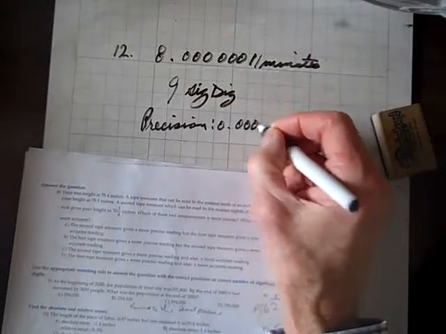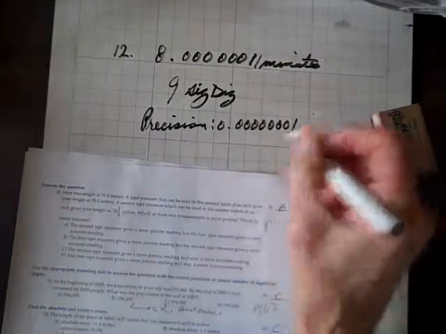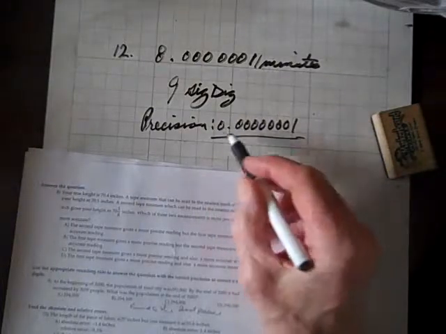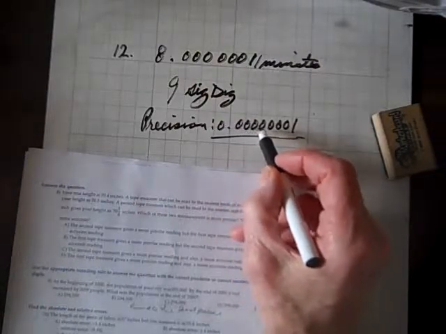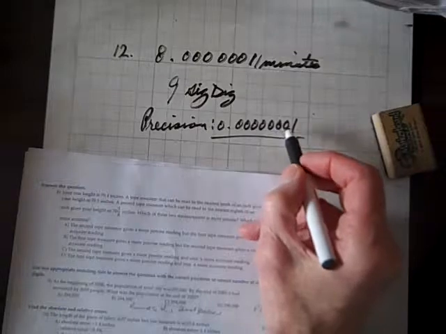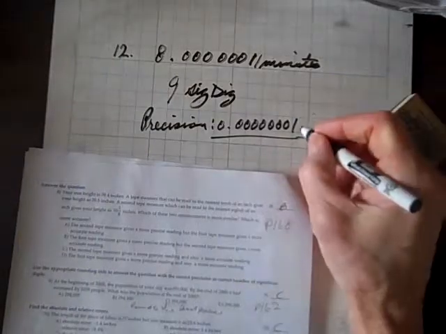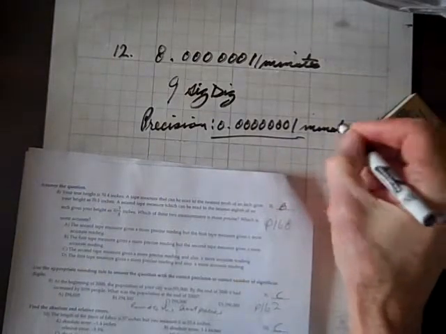Our implied precision is to the point 0, 0, 0, 0, 0, 0, 0, 1, and we are done. And that's a minute, so minutes. Good.